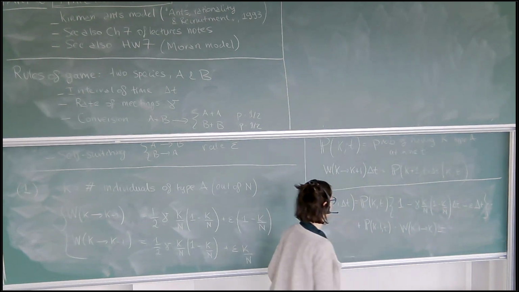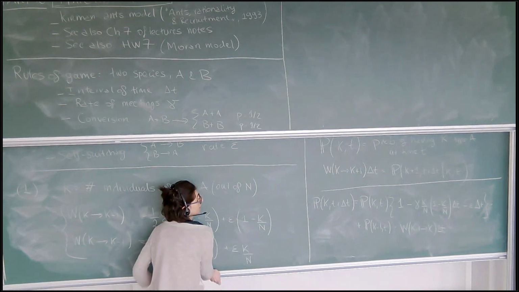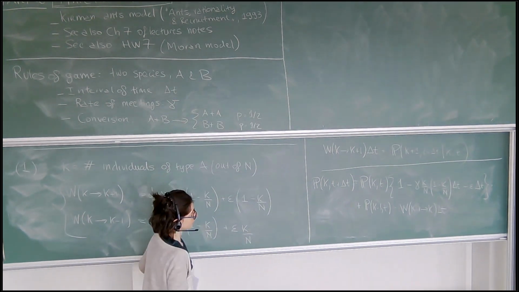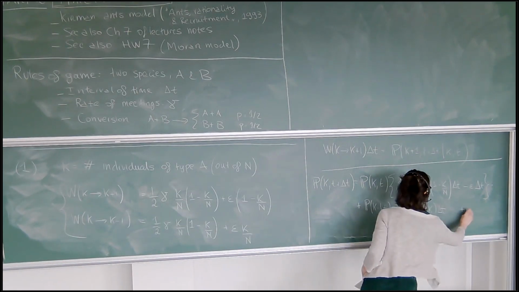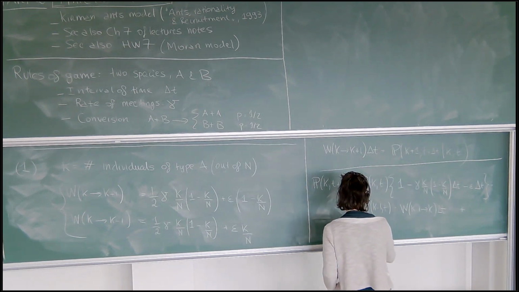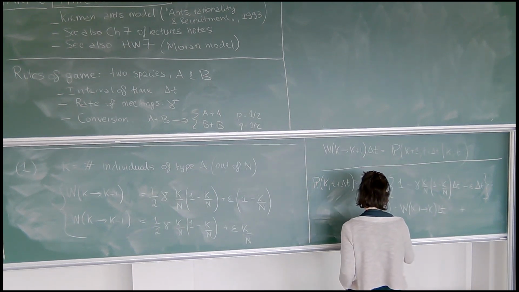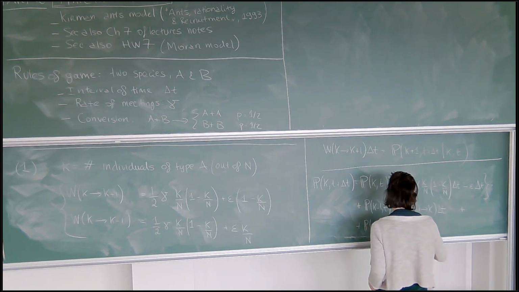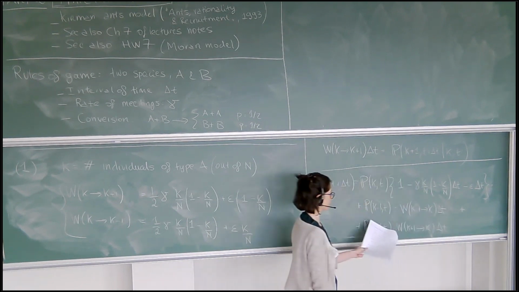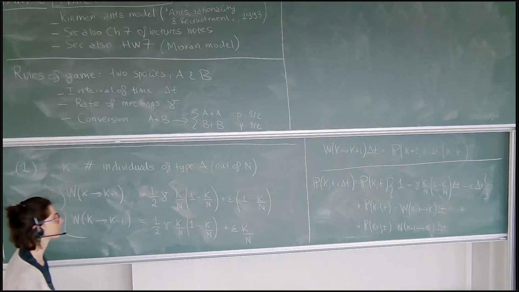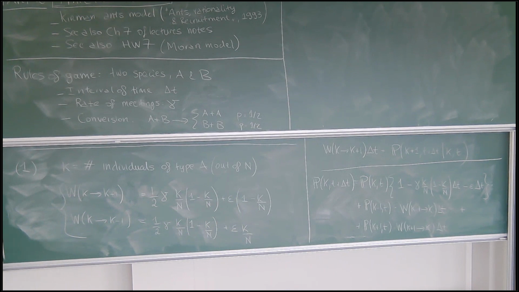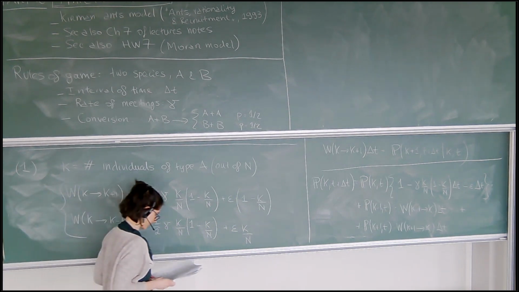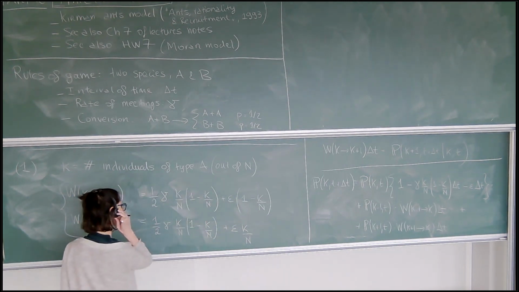And then you have the term coming from above, so you have to add the probability that you were at k plus 1 at time t, and then somebody goes to type B, which is the other rate. Okay, so all of this is in the discrete setting.